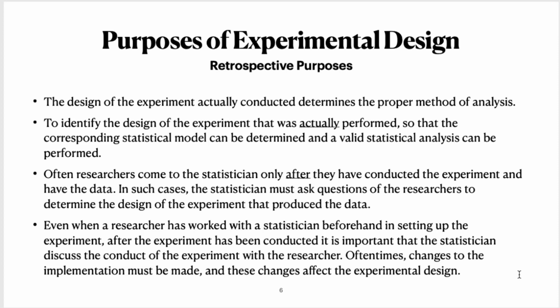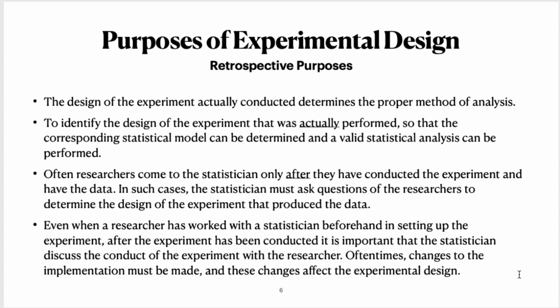And when those kinds of things happen, when a researcher has to deviate from a protocol or change how they were going to do the experiment, then that leads to a potentially different design. Maybe a slightly different design, or it could change it drastically. And so the statistician needs to know about all these kinds of things, because again, the design determines the proper method of analysis. That's one of the big points in this course.